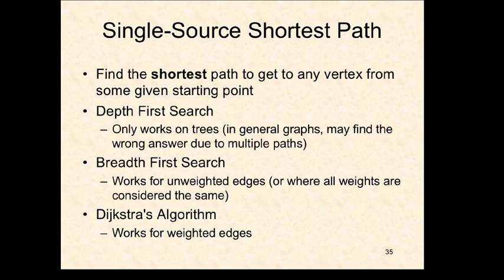So if we look at this problem just in general, before we get to Dijkstra's algorithm, if I did a depth first search, meaning like we did it with either recursion or with a stack, a depth first search is only going to work on trees. In a general graph, I might find the wrong answer because of multiple paths, because I found a way to get there.